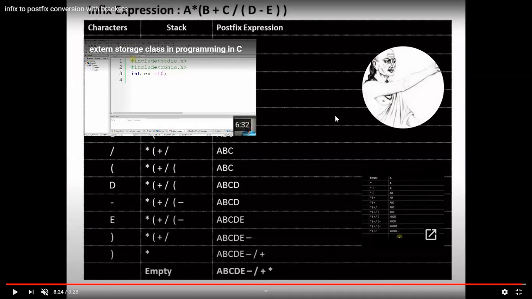So the first operator that will be popped out is slash, and then the next operator that will be popped out is plus. We will not be placing the opening bracket in the postfix expression. Then we have only star, the operator which is left in the stack. So that will be placed in the postfix expression as the last operator, and the stack will be empty.